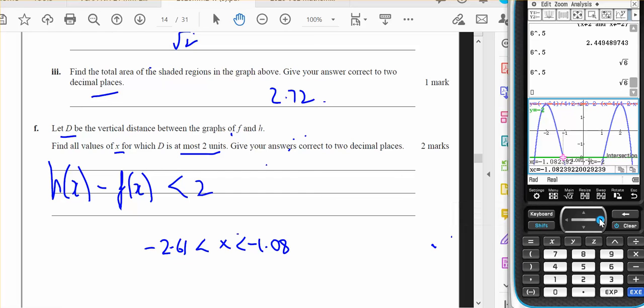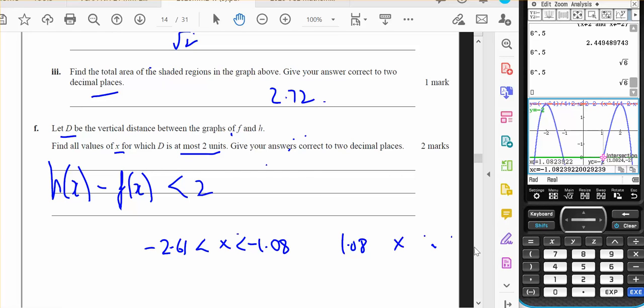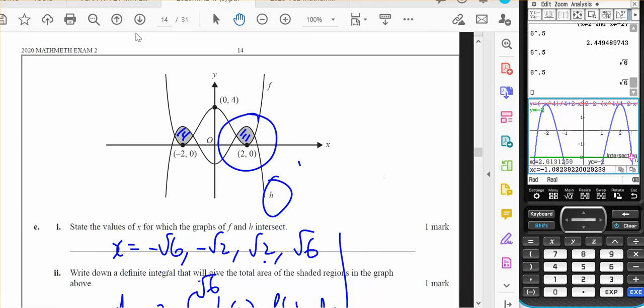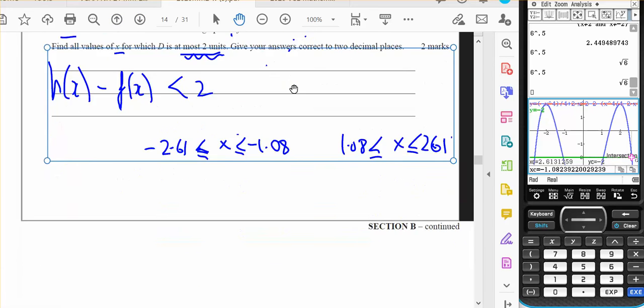And when I jump across here, it's going to then be 1.08 to 2.61. Now, at most 2, so I include 2. So they're going to be the values of x where the distance between these two will not exceed 2. Is that the last question? It is.